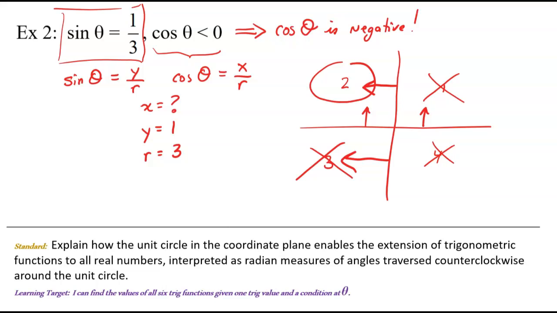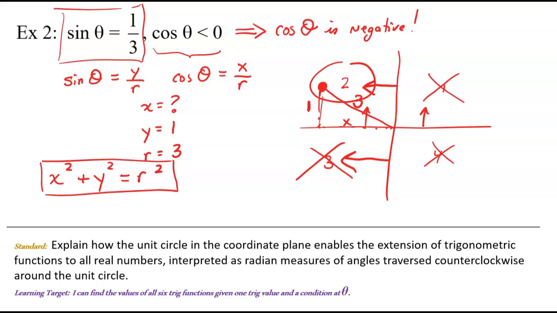And just to remind you, in a diagram, I'm going to do this very roughly temporarily, and I'm going to draw it really nice in a minute. I don't know what my x value is. I do know that my y value is 1, and I know that my radius, which is my hypotenuse, is 3. So I want to remind you, we have x squared plus y squared equals r squared. That will never change.